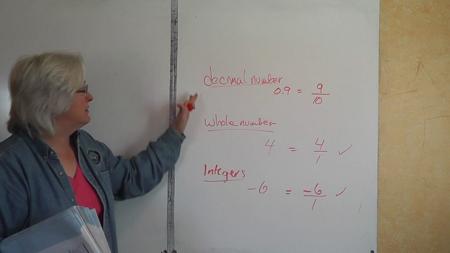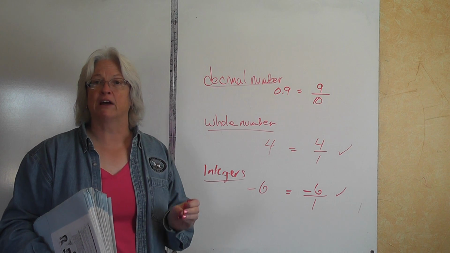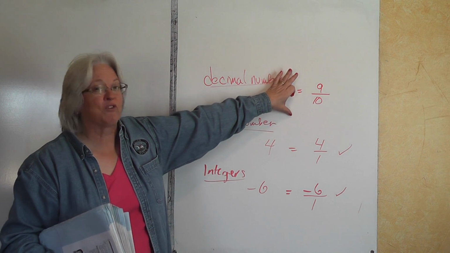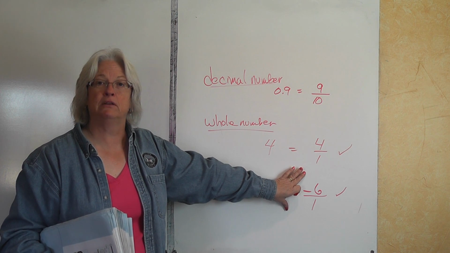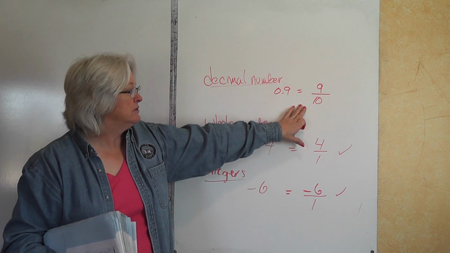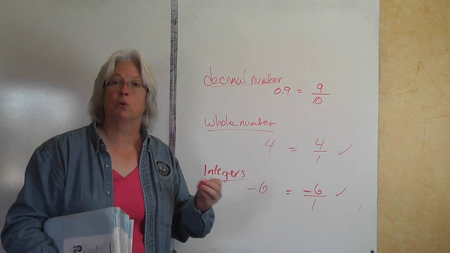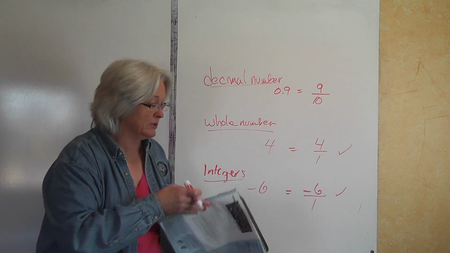So what we've seen here is that decimal numbers, whole numbers, and integers are rational numbers because they can be written in fractional form, where you have a numerator divided by a denominator, and that denominator is different from 0. It's important that you understand that that's what we're calling a rational number.